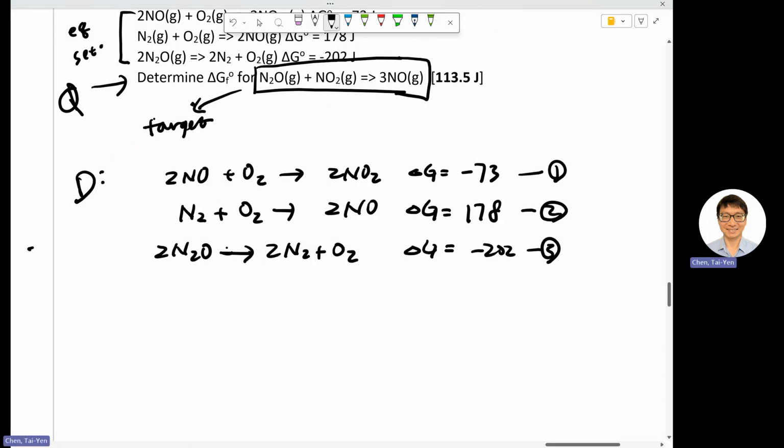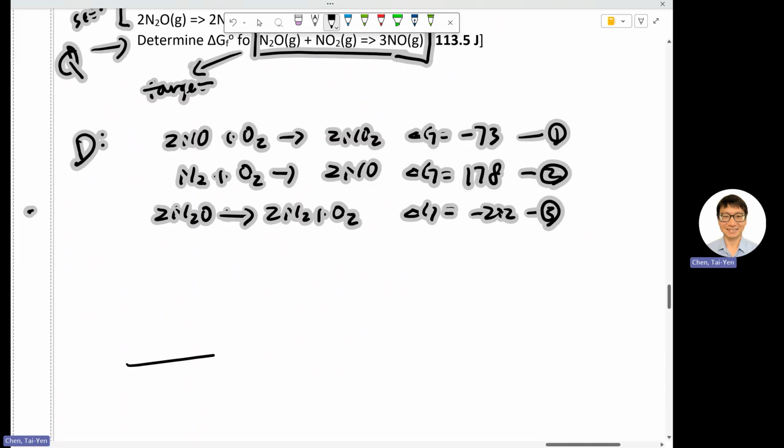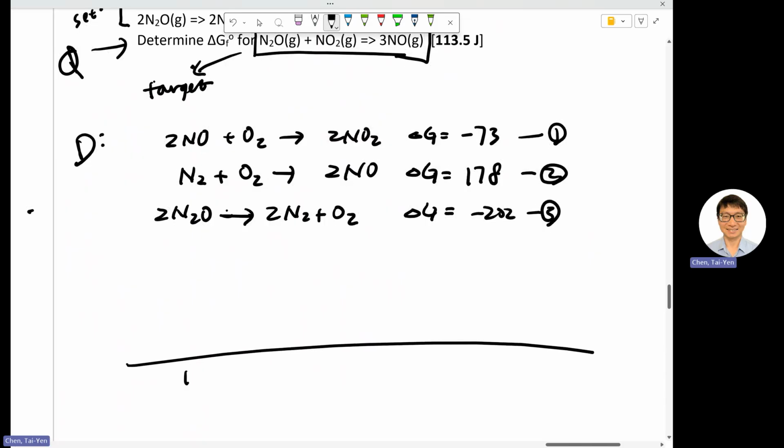You want to do something with these, but in the end, you want to have N2O plus NO2 that gives you 3NO. So that's your target. The way you solve this problem is, first, look at your target equation.